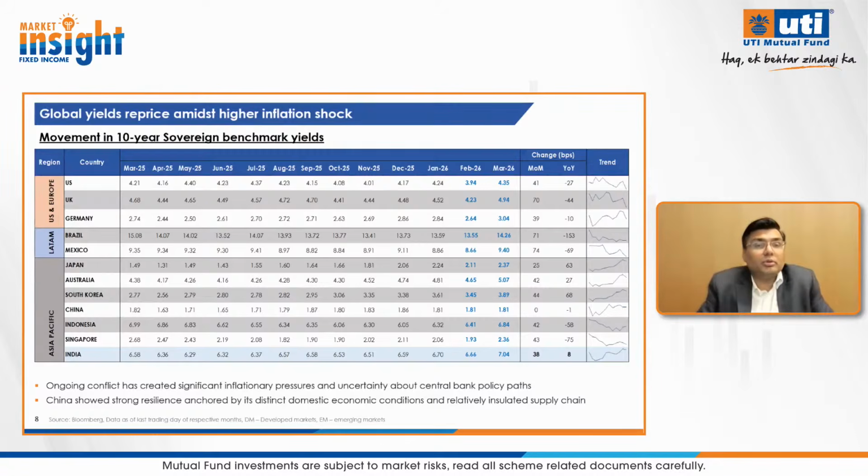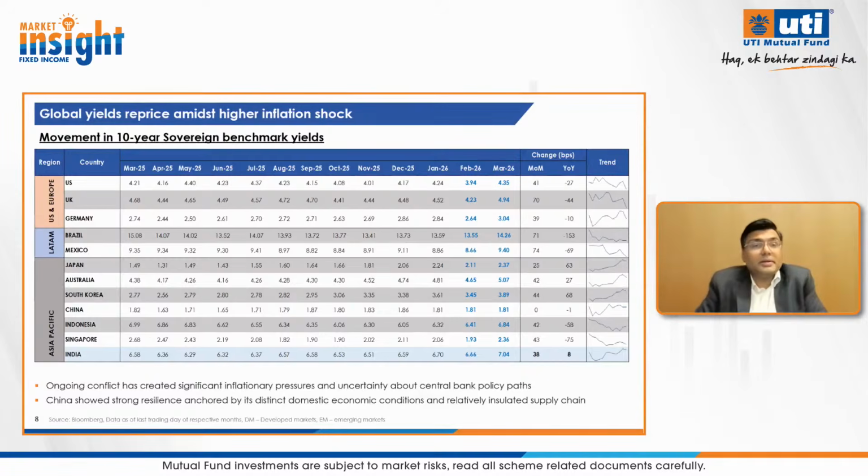Other central banks, whether it was the European Central Bank or Bank of England, which were probably looking at a prolonged pause, may need to hike more aggressively and slightly quicker than what the market was anticipating.